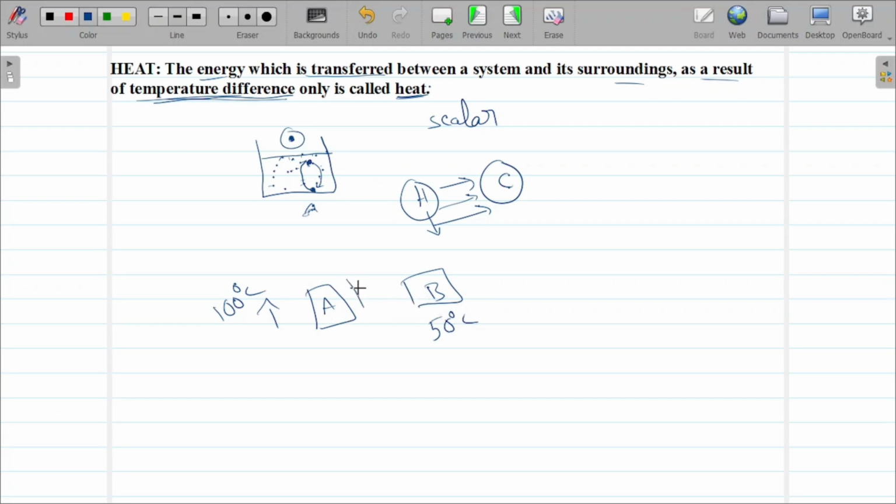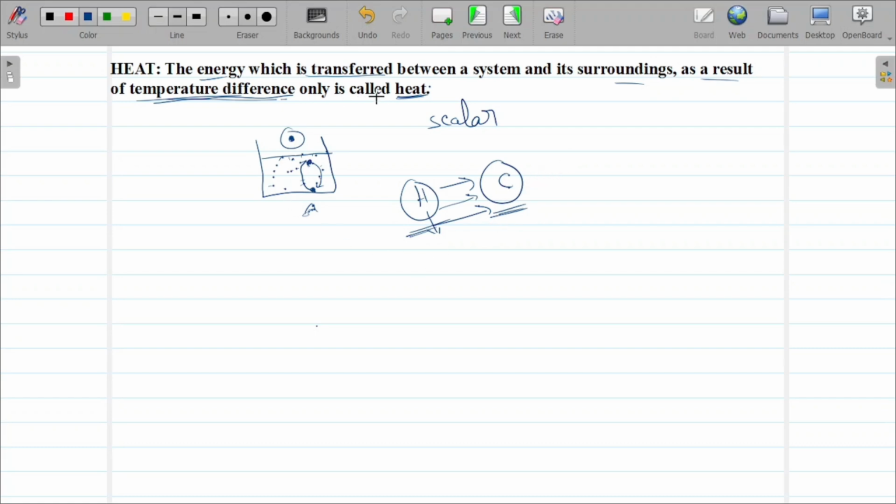Now I keep both very near to each other. Some amount of heat will flow to B, so A's temperature decreases and B's temperature increases. When the temperatures become equal, no exchange of energy takes place. That means there is no heat exchange as both temperatures remain the same. So heat is nothing but a form of energy which always moves from high temperature to low temperature.